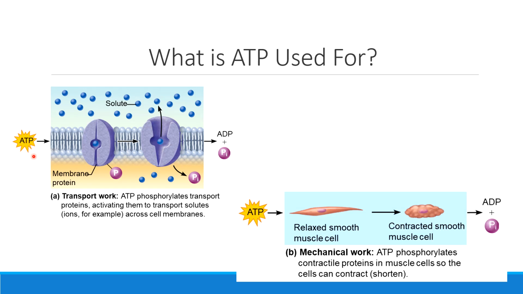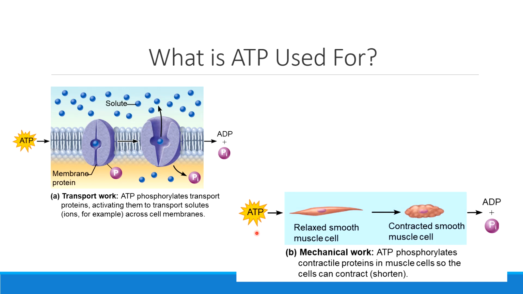We also use ATP to do things like mechanical work. Best example of this is muscle contraction. The process of going from a relaxed position to a sitting up position requires ATP. Or in your stomach, for example, the process of contracting those smooth muscle cells to help push the food through your digestive tract, that's going to require ATP.